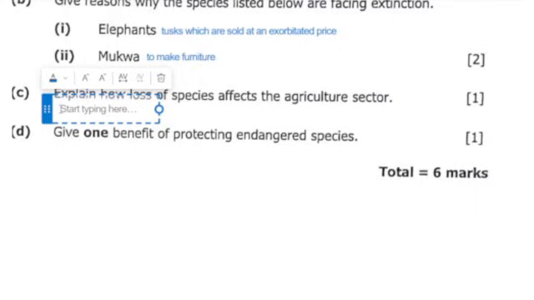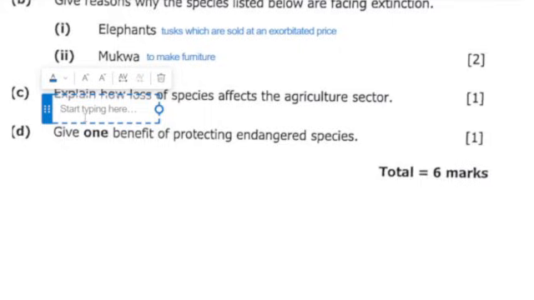It causes drought, then that means there will be no good harvest. It also makes the farmers not to have a good harvest to provide food for the ever-growing population.